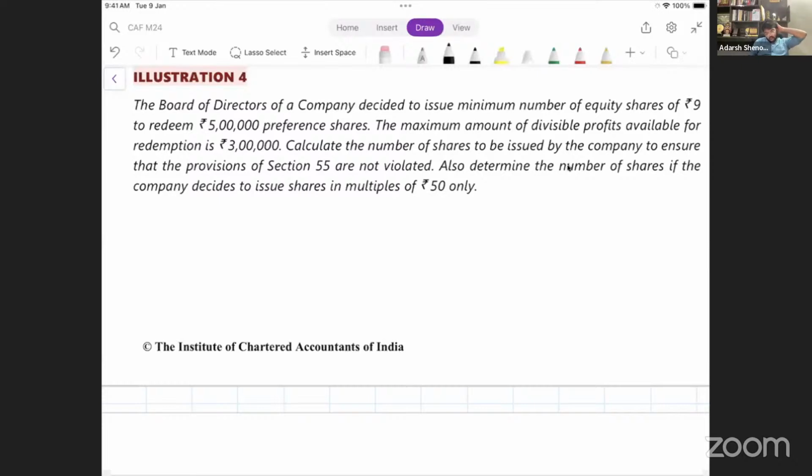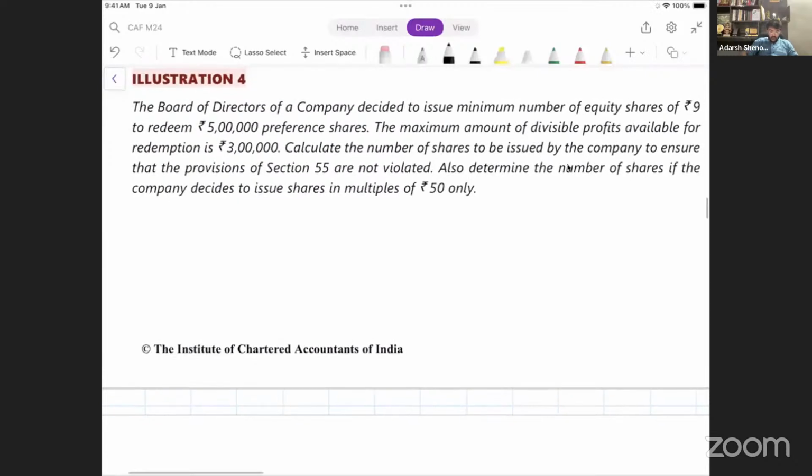Also determine the number of shares if the company decides to issue shares in multiples of 50 only. So what is the preference capital over here? Look at the preference capital. Minimum means we issue as few equity shares as possible.